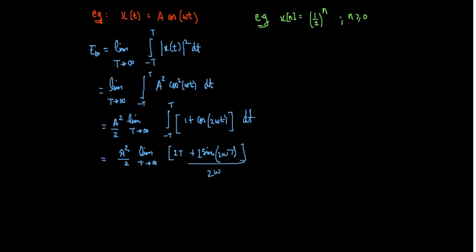Now this will be finite, of course. I'm yet to put the limits. Now I should replace T by infinity. If I replace T by infinity, this sine omega t term will of course be finite.